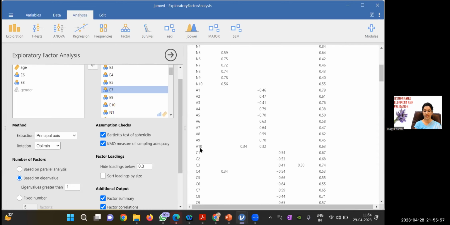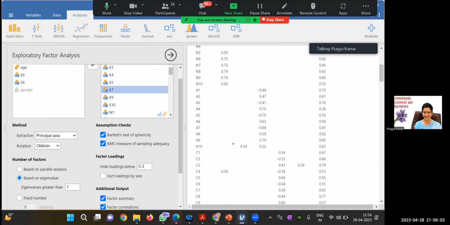But what about this A10? Can you see this A10? This is getting loaded on 2 factors. It is known as cross loading. Yes, Vaidehi, I'll explain everything once again.